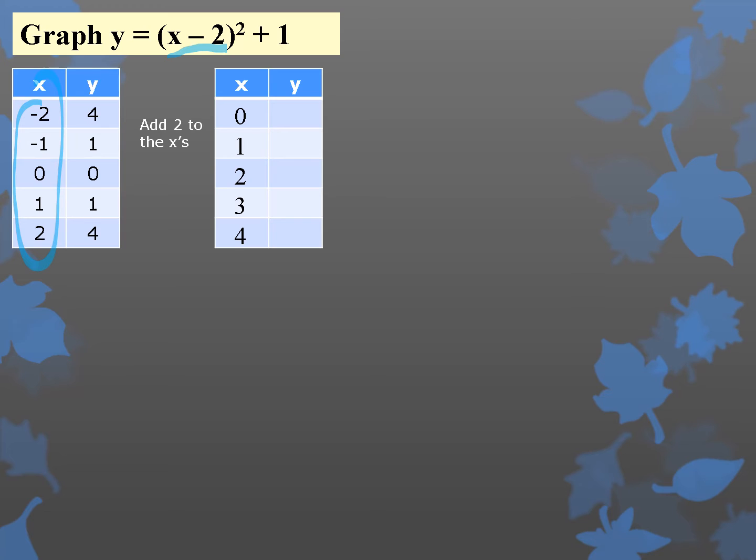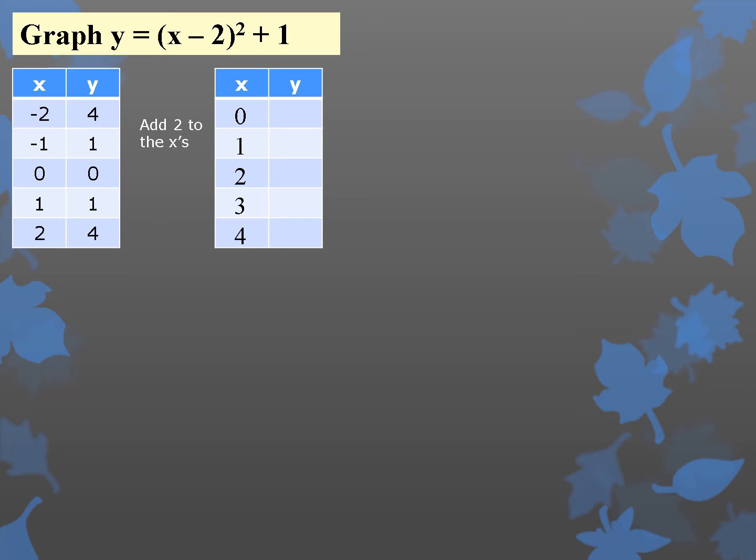So negative 2 plus 2 is 0. Negative 1 plus 2 is 1. 0 plus 2 is 2. 1 plus 2 is 3. 2 plus 2 is 4. Okay, so we've got all of our x values. Now let's talk about the y. There is no a value, so we don't have to worry about that. But I do have a 1. That's my k value.